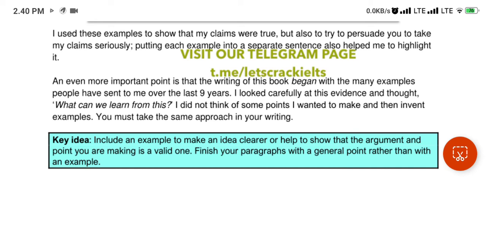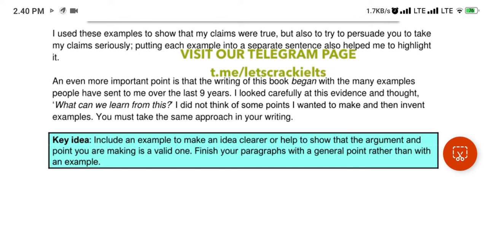An even more important point is that the writing of this book began with the many examples people have sent to me over the last 9 years. I looked carefully at this evidence and thought, what can we learn from this? I did not think of some points I wanted to make and then invent examples. You must take the same approach in your writing.